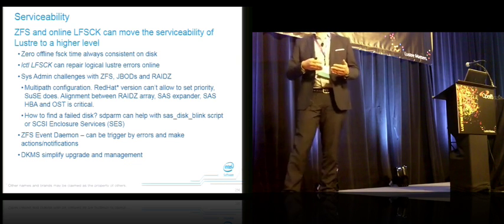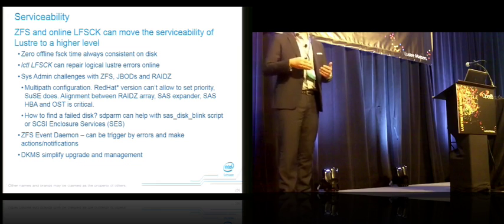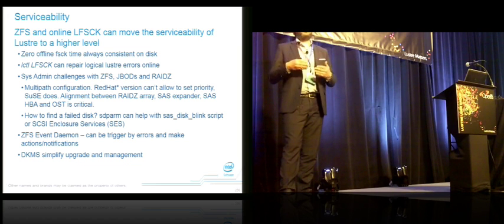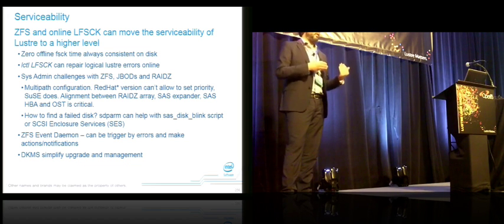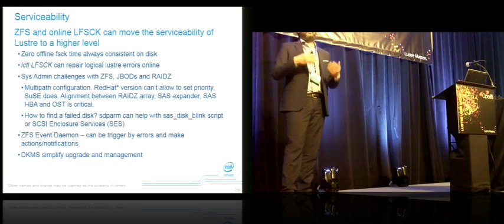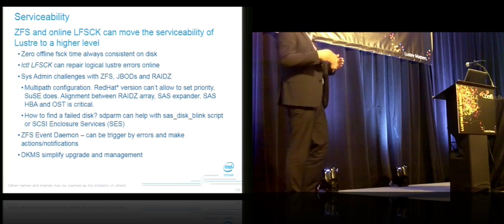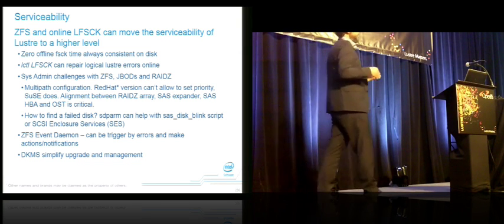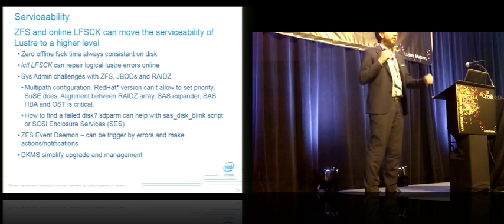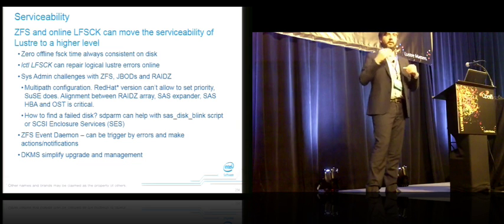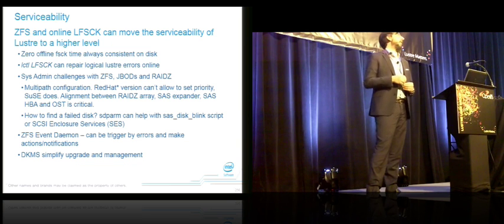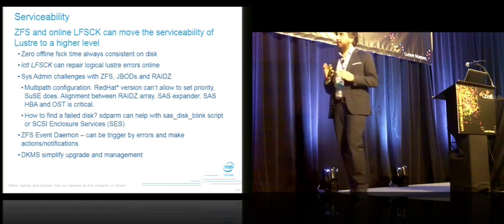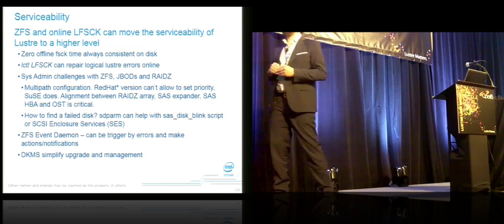If you have 60 hard drives, you have 120 SCSI devices to manage in your Linux server. You have to align the multipath configuration with the chain, with the expander, the SAS driver to the hard drives that you have. So it's very complex.